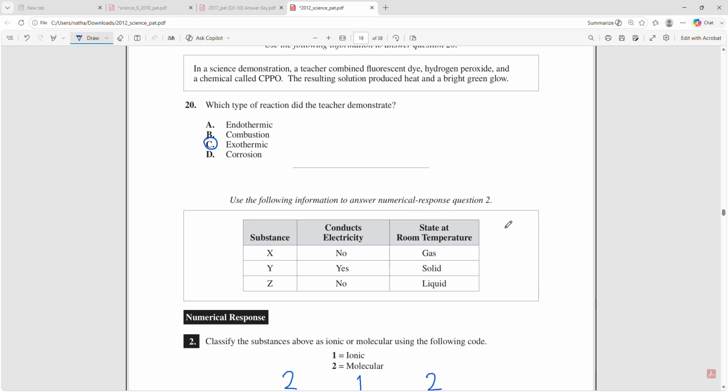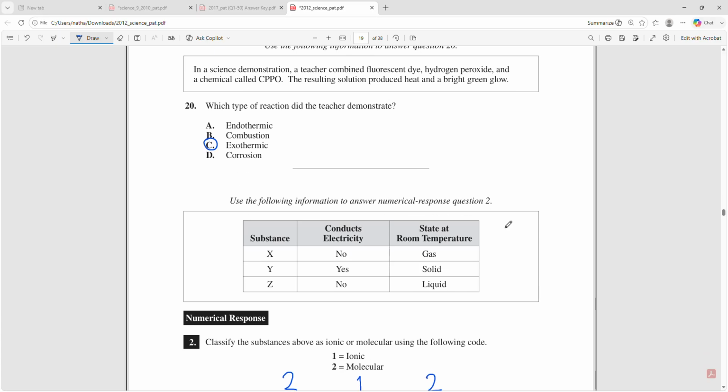Okay. In a science demonstration, a teacher combined fluorescent dye, hydrogen peroxide, and a chemical called CPPO. The resulting solution produced heat and a bright green glow. Which type of reaction did the teacher demonstrate? If we look at our options, well, the first thing that jumps out to me is these two choices, endothermic and exothermic.